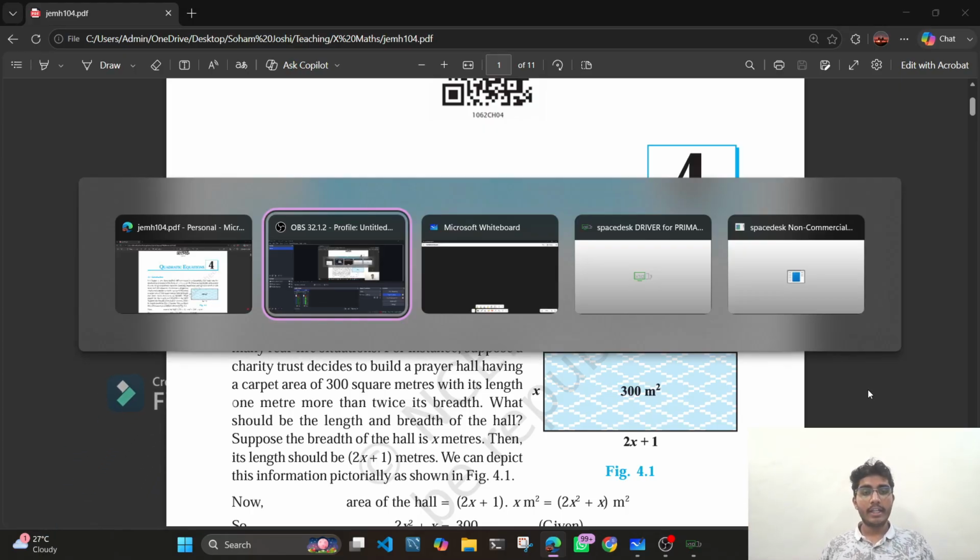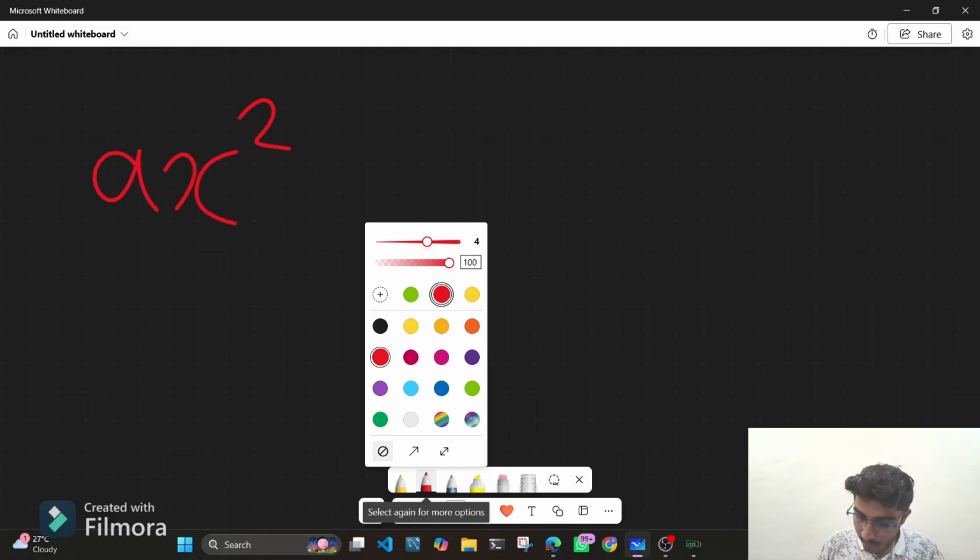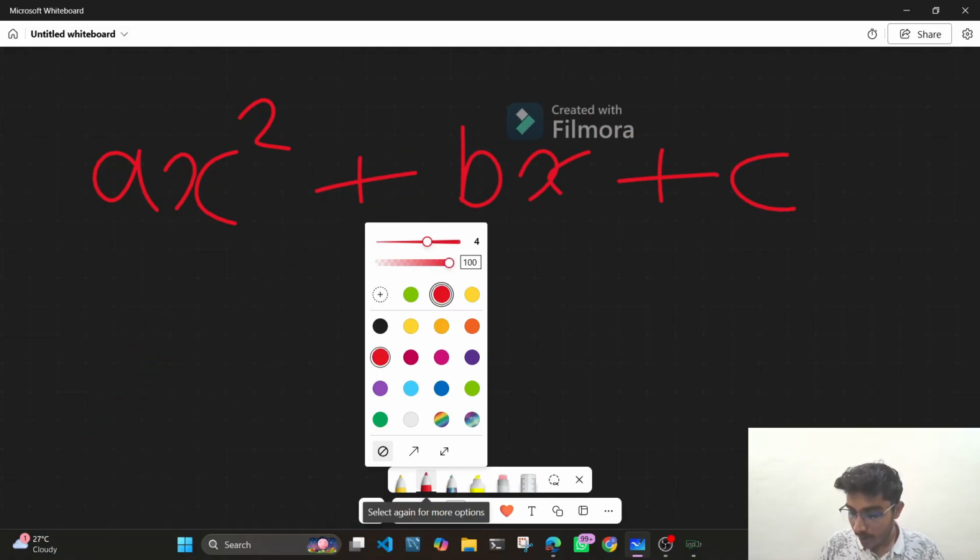So basically, in Chapter 2, Polynomials, we learned a form of expression that was written as ax square plus bx plus c, right?